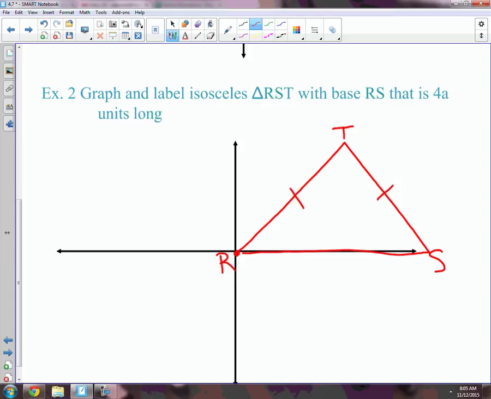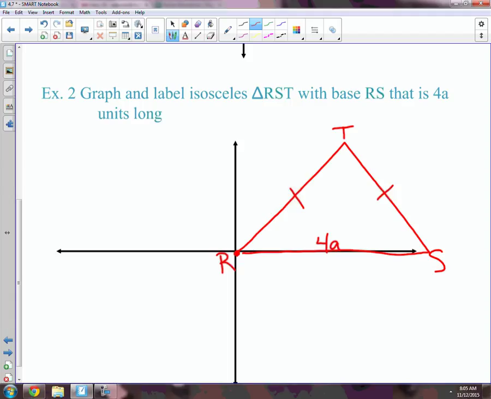Okay, so let me see. I've got an isosceles triangle. I've named it RST. I have a base that's RS. The only thing left is to say how long that base is, which is 4A units long. So I've taken all that information and put it on my picture. That's the first half of it, graphing it.